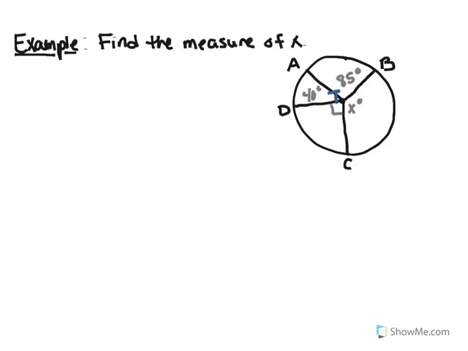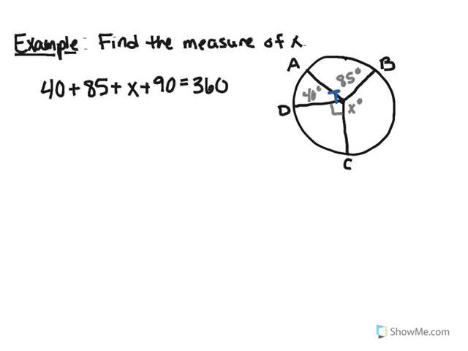Okay, so our first example is we are just going to simply find the measure of x by using our new knowledge of central angles. So notice in this picture we have four central angles. One is 85 degrees, one is x, one is a right angle, and one is 40 degrees. So to solve, we are going to set up an equation and set them all equal to 360 degrees. So we have 40 plus 85 plus x plus 90 equals 360.